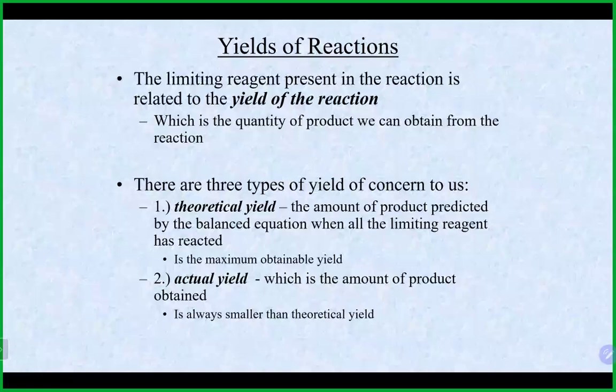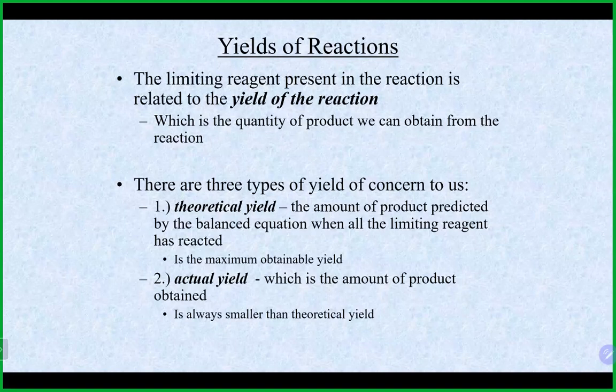It is the maximum because ideally, if everything went perfect, you didn't lose anything along the way when you did the experiment, there were no side reactions or anything like that, that is how much you should produce in that reaction. So if everything went perfect based on the equation, based on what you're starting with, you would be able to figure out how much maximum you should be able to get.